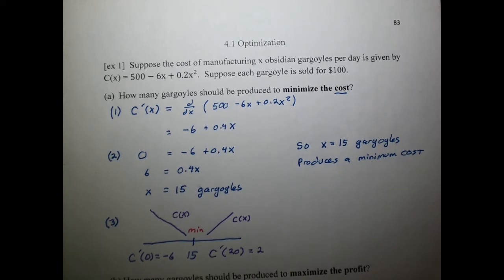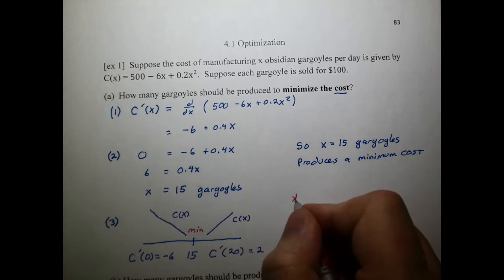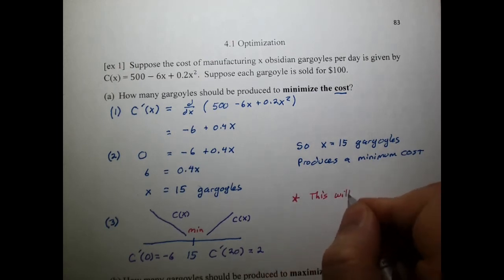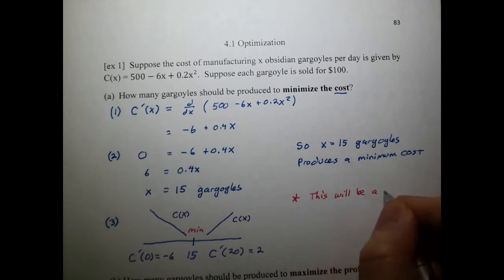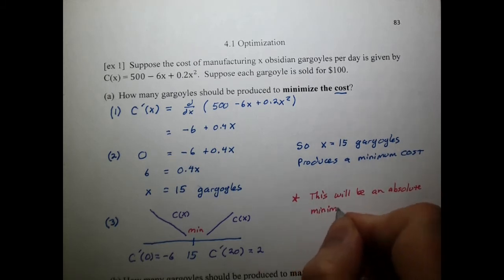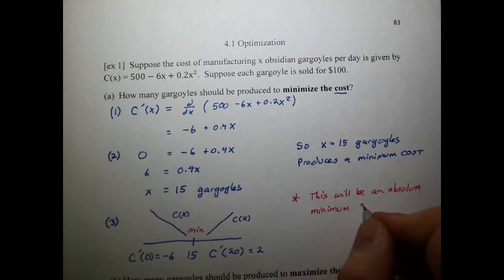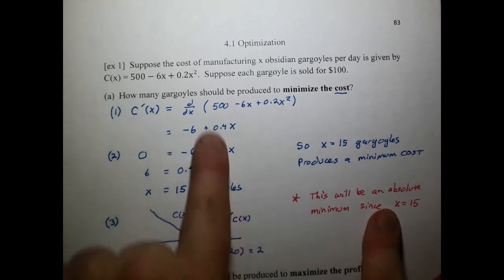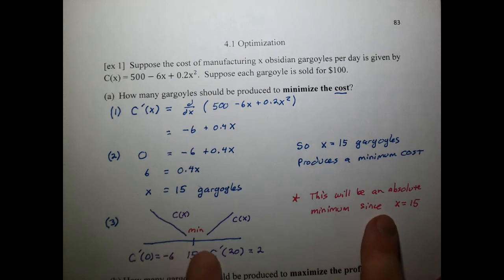And it's worth mentioning that this minimum cost will be an absolute minimum. Now the reason for that, this technique here generally only finds relative max and mins.